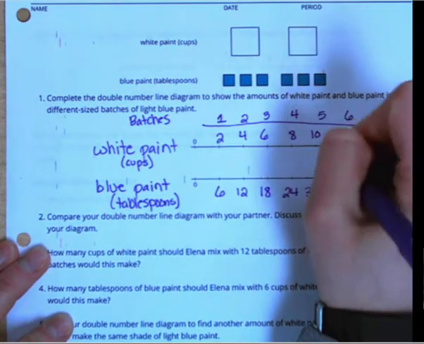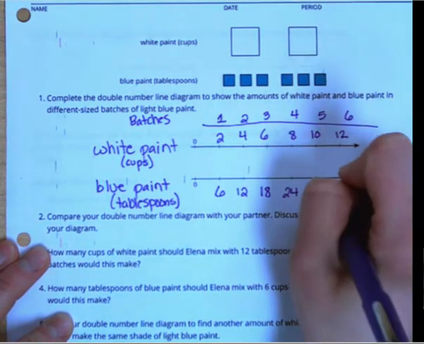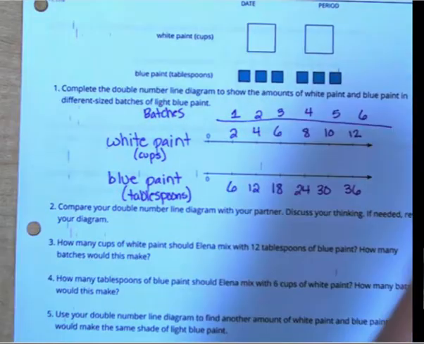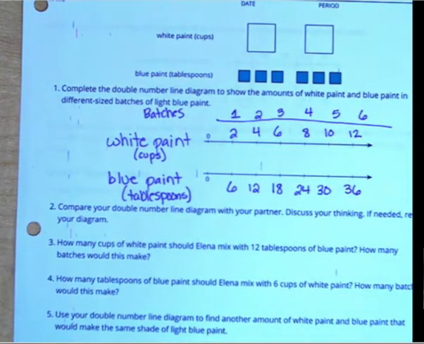And 6 batches would be 12 white and 36 blue. So we completed our double number line.